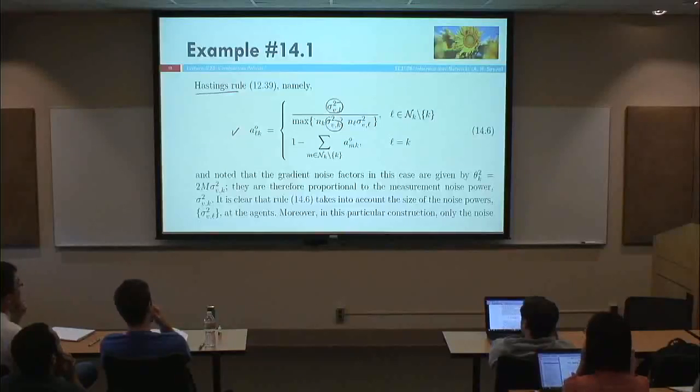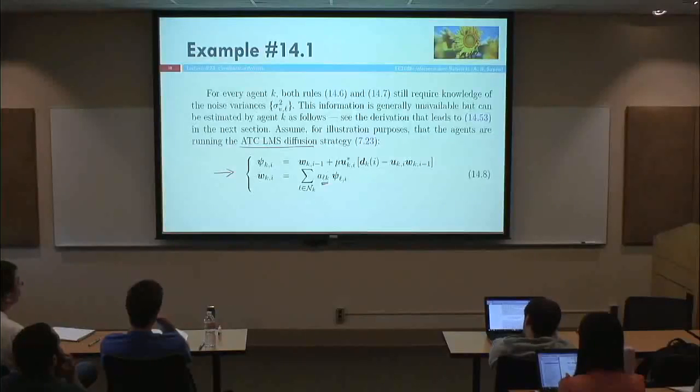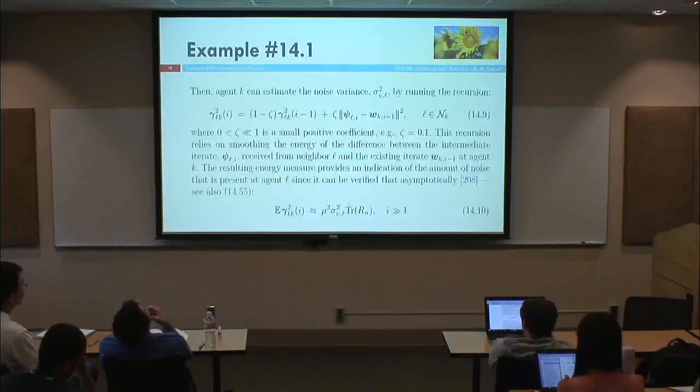If I can estimate the sigma, then I can plug that estimate here and end up with an estimate for this A. In that case, I will replace this by an A that is changing with time. So this is what I have here.